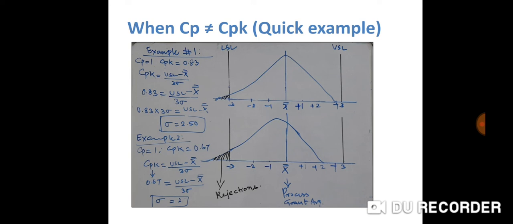Here I have not equated the process average X double bar to 0, because if Cp and Cpk are different, that means the process is not centered. In the same example, Cp equals 1 and Cpk equals 0.67. By applying this, we got a sigma value of 2. That means in this bell curve, whatever is shaded black is rejections.